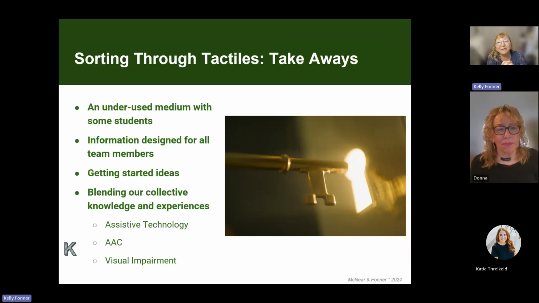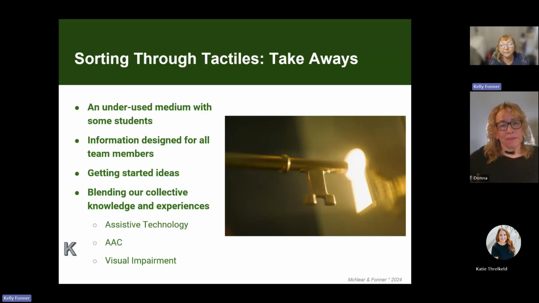So we've come a long way. And as what we've been talking about, the takeaways that we want to make sure that you are bringing all of this information together is that this is an underused medium. You might be using it expressively, you might be using it in literacy and not in another area. So think about the various utilities of tactiles that we've mentioned here.